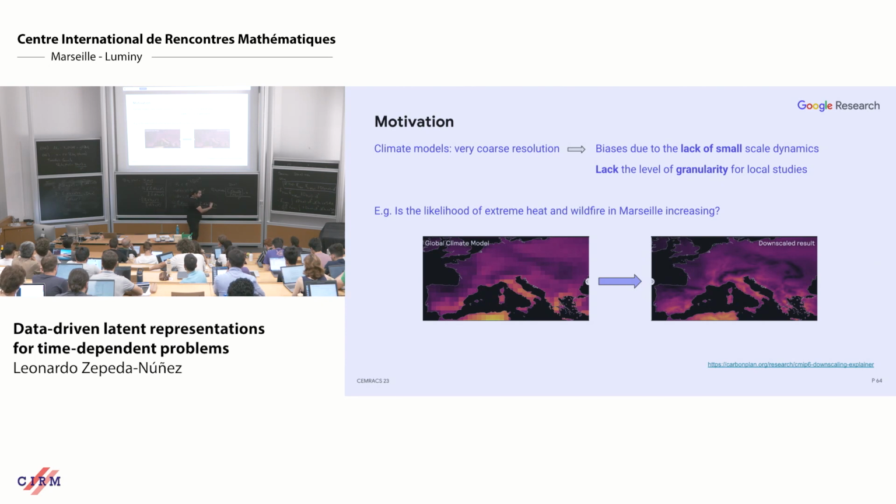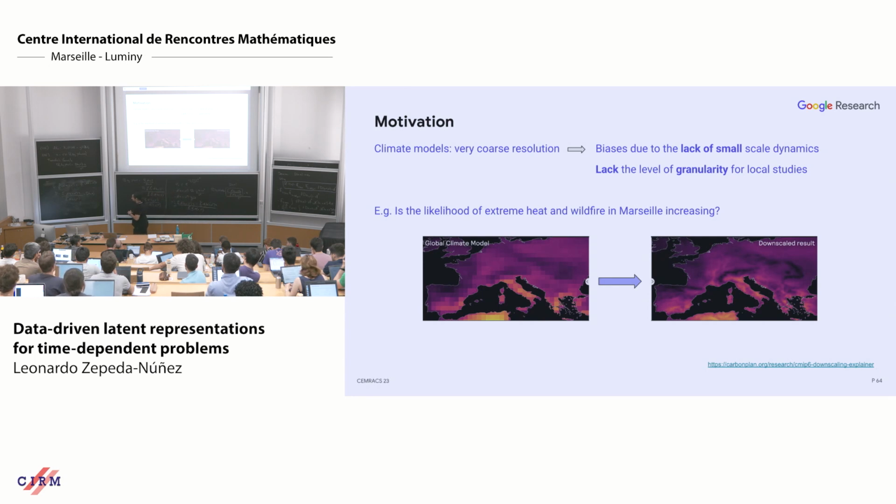It's going to generate something with its own biases that is hopefully going to give you some ideas of what's going to happen in 50 years under the different carbonization schemes. But the point is that they have a bias because they're so coarse that they cannot capture the small scale dynamics.